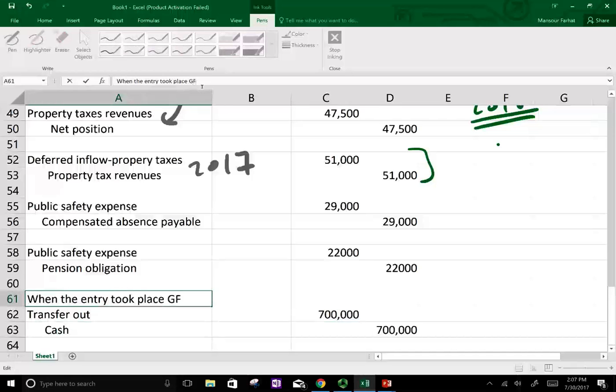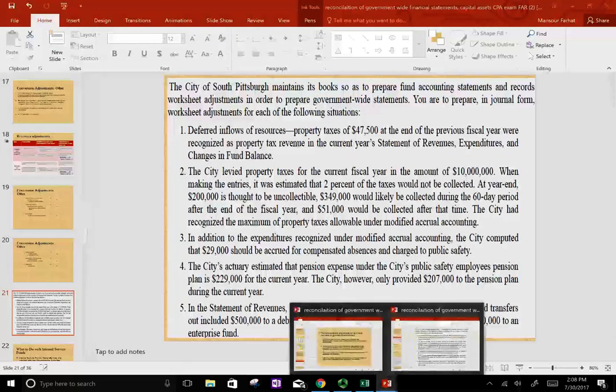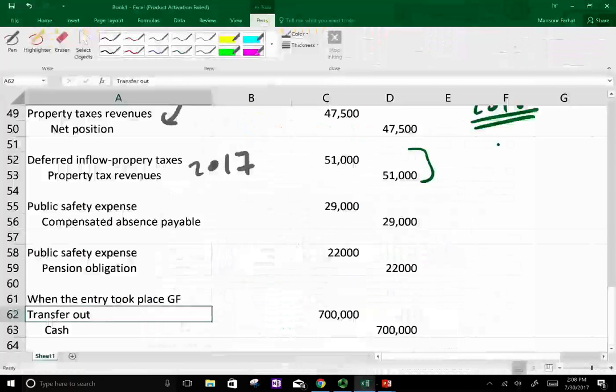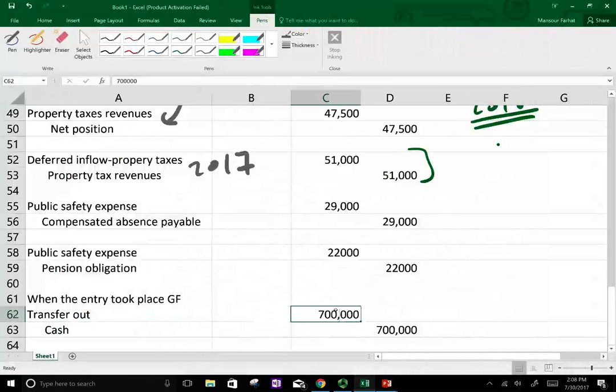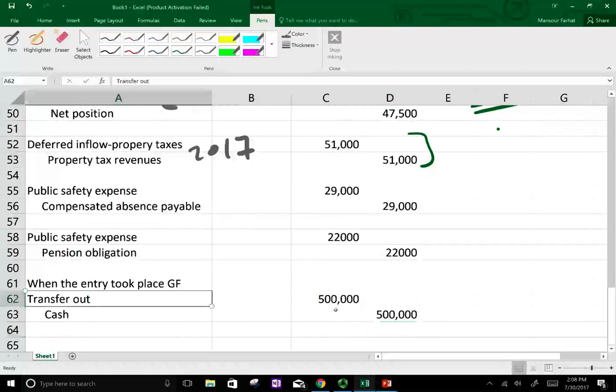Let's break it into two components. We transferred out $500,000 to what fund? To the debt service fund. So let's do it in two steps: $500,000 to the debt service fund.